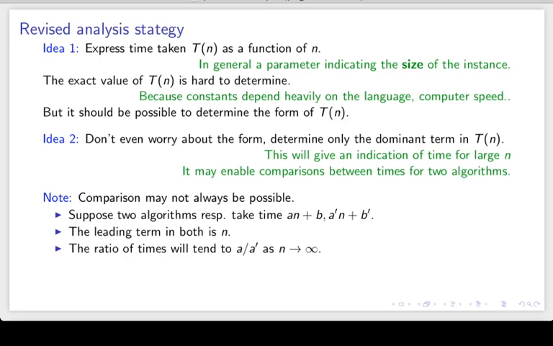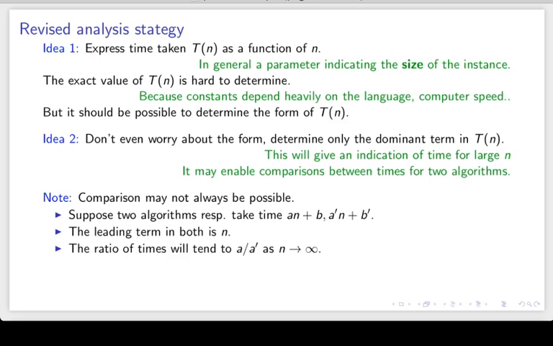We don't know the value of this ratio unless we know what a and a prime are. So in this case, we will need to know the exact coefficients. So in this course, if we encounter such a situation, we are going to say that we are not able to distinguish between these two algorithms. For that, you actually need to run the program.